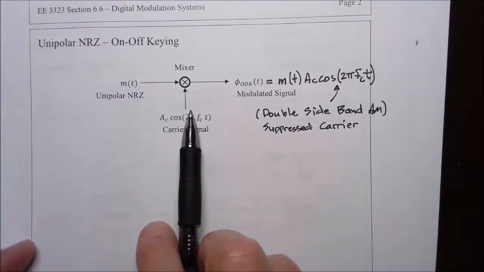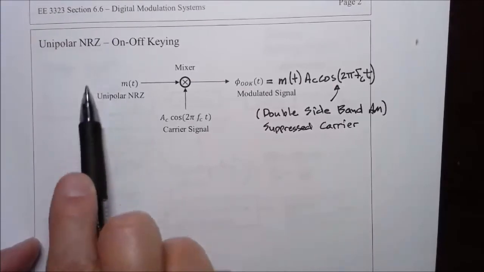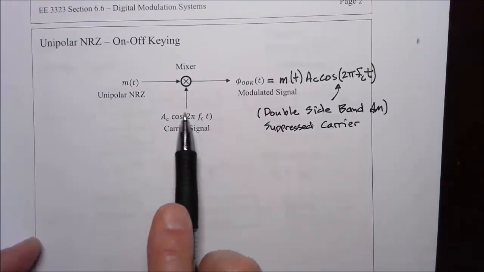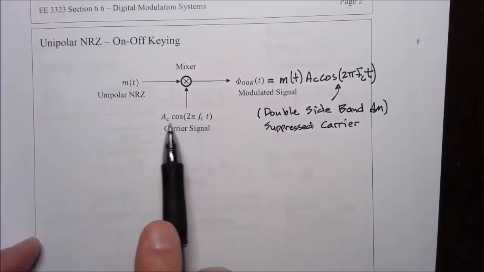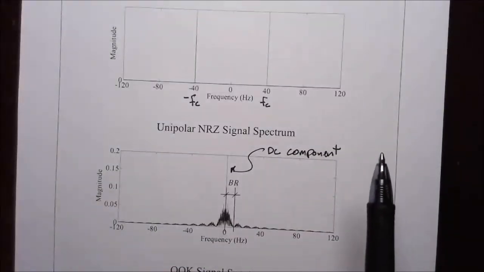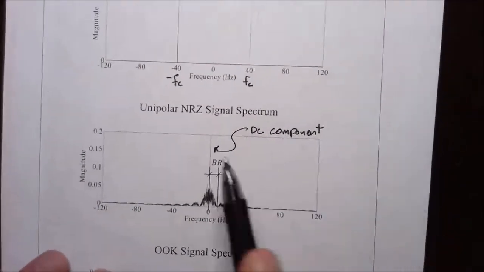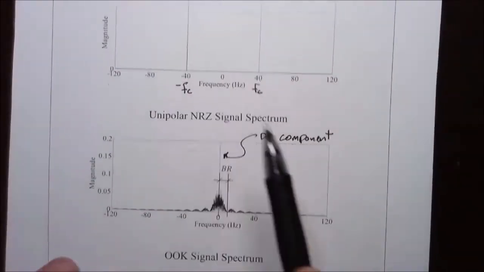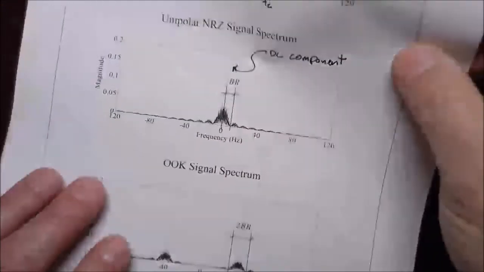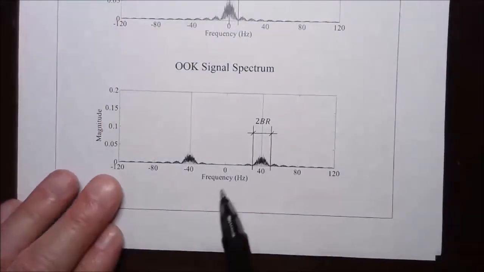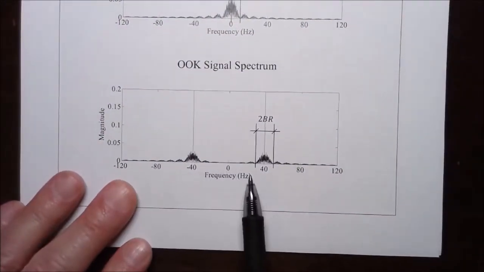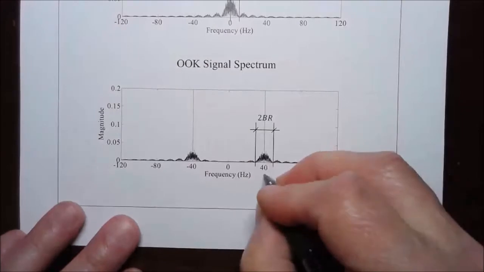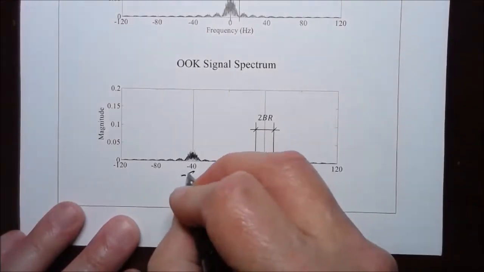And just like with single sideband, we're going to get the spectrum of the message signal replicated, translated and centered at the carrier frequency. So we're going to be convolving this spectrum with the spectrum of the carrier, and this is the result we get for the spectrum of the modulated signal. It's centered at the carrier frequency.